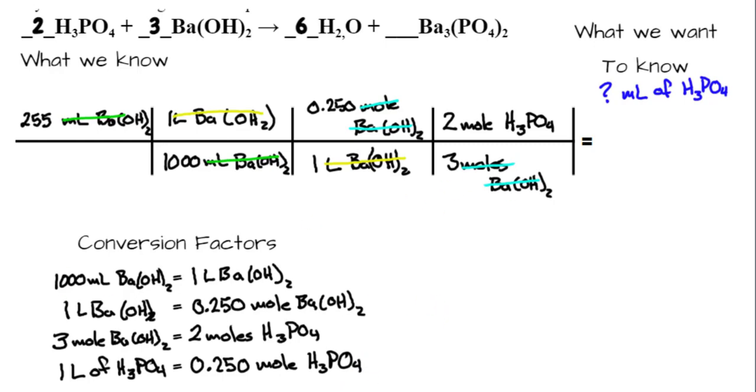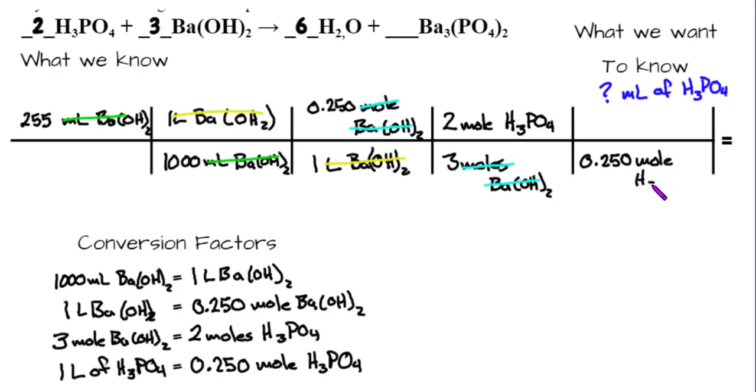This means I need one additional box, and I will put the moles on the bottom, 0.250 moles H3PO4 for every 1 liter of H3PO4. And I do this so that moles cancels with moles. Now I've kind of run out of boxes. I know I'm in liters and I need milliliters. I'll do one additional math step after I've done all of this math.